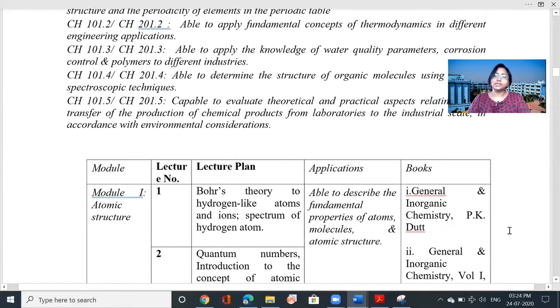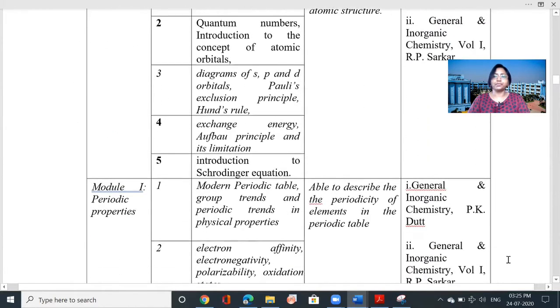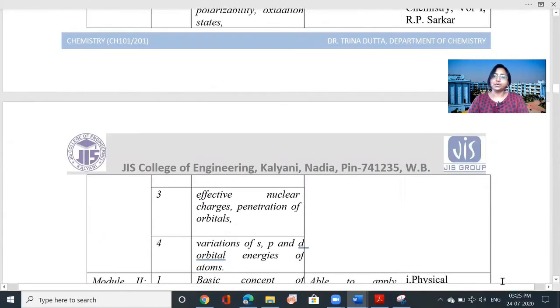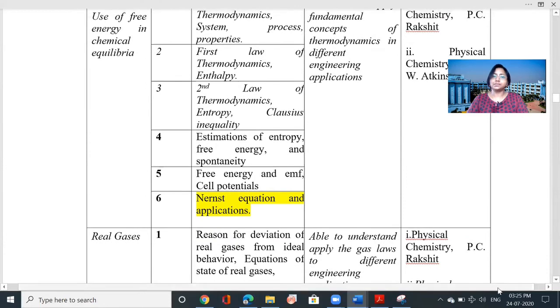The entire lecture plan is given here, so you can understand which topics will be covered on which day, so that you can prepare before the class.